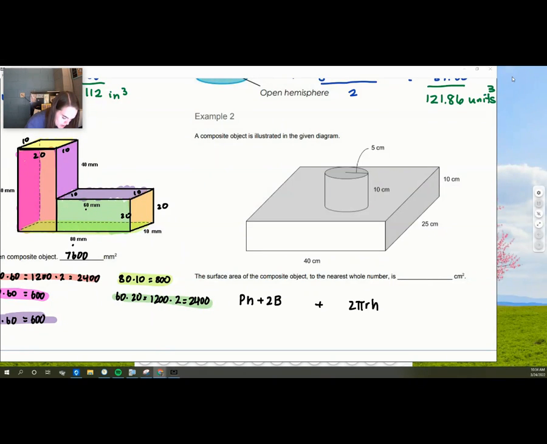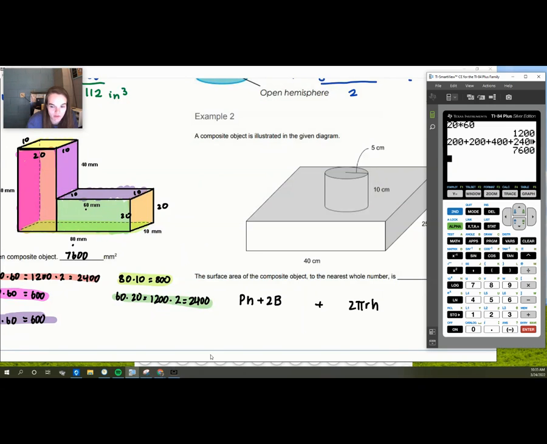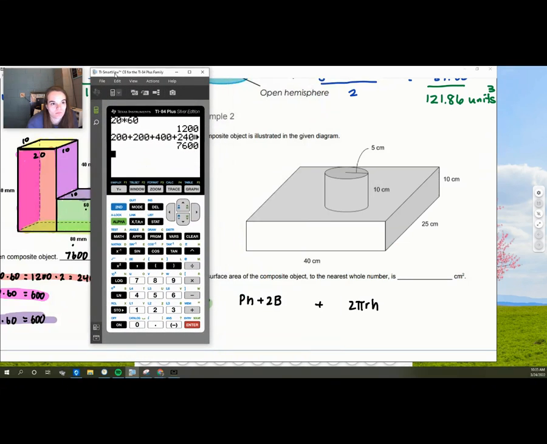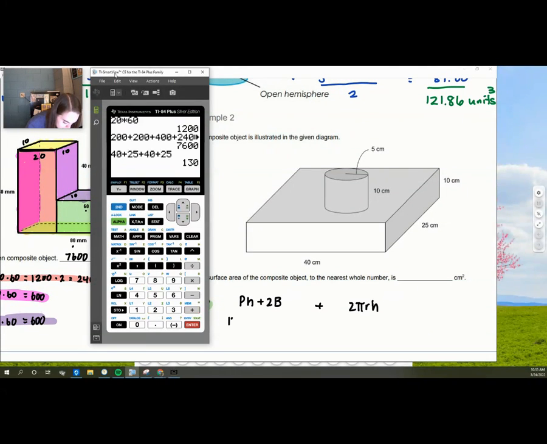So the perimeter, 40 plus 25 plus 40 plus 25, it's 130, times the height is 10, plus 2 times 40 times 25, 1,000, plus 2 times pi times the radius is 5 times 10.